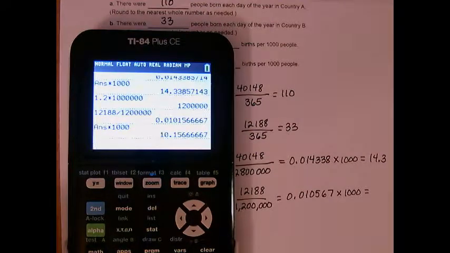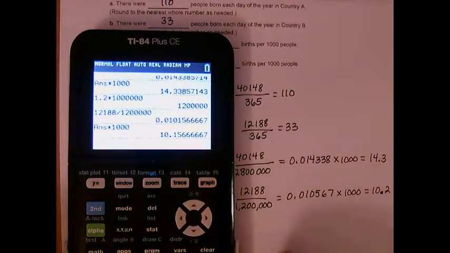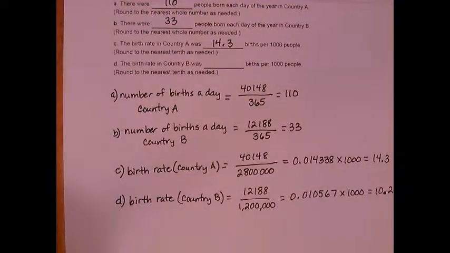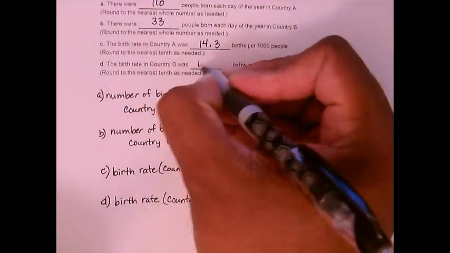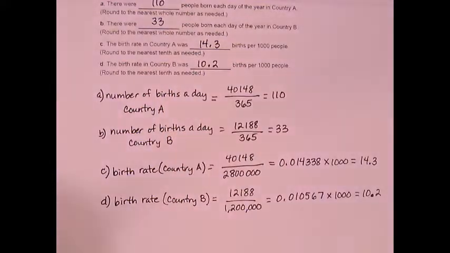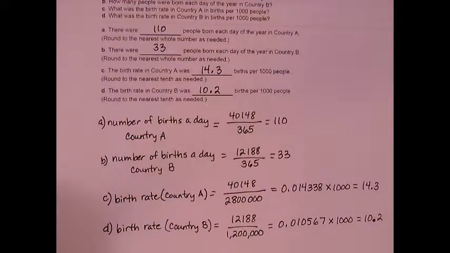And we're going to round that to one decimal place. This will be approximately 10.2. So the birth rate in country B was 10.2 births per 1,000 people. Okay. So that's how we do that particular example here.